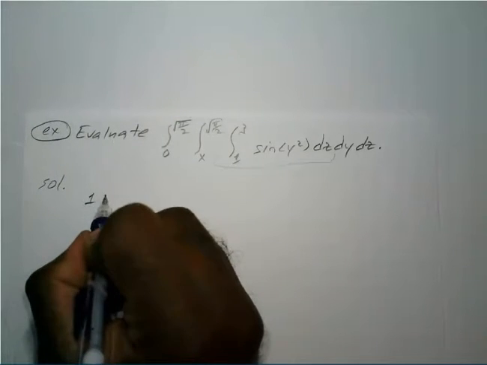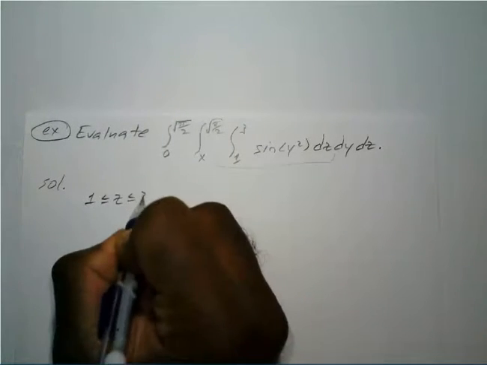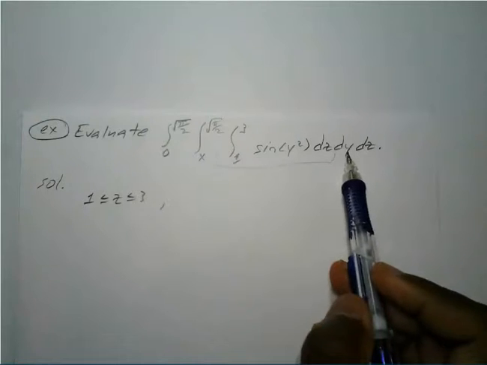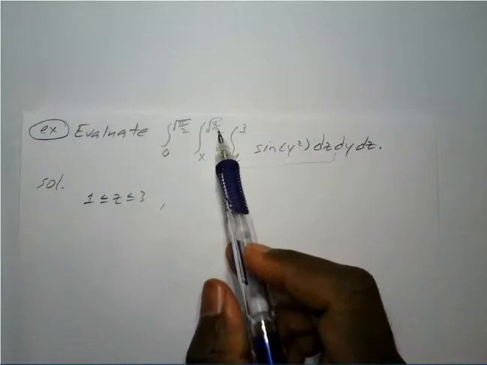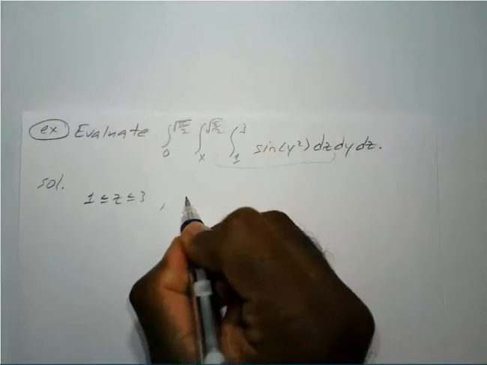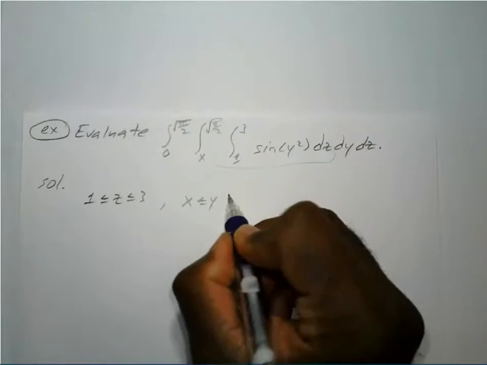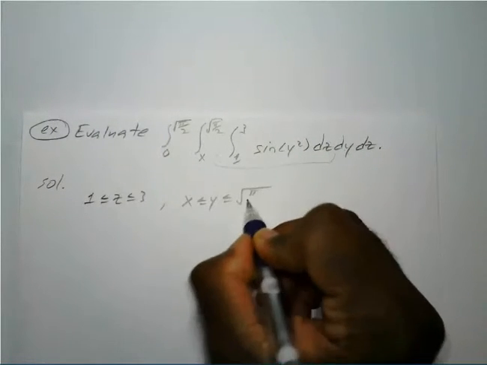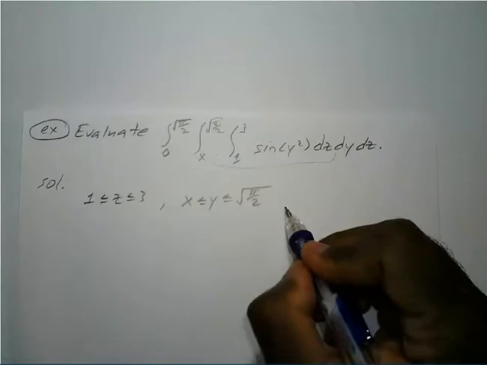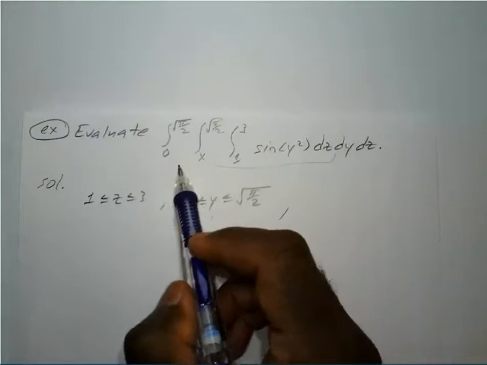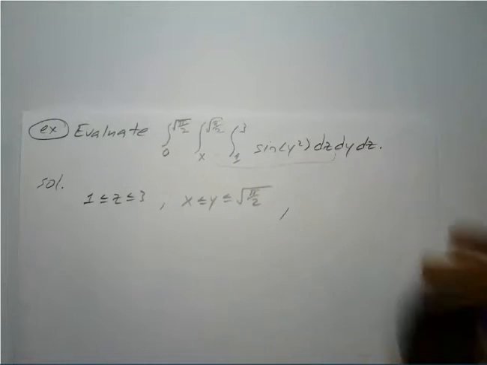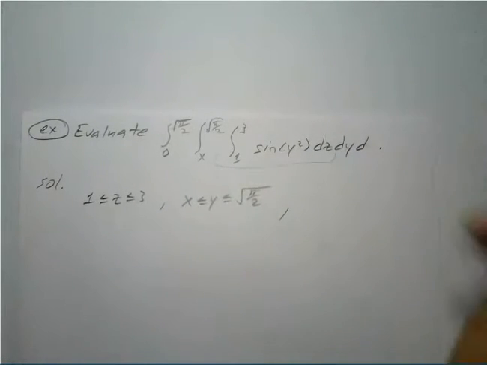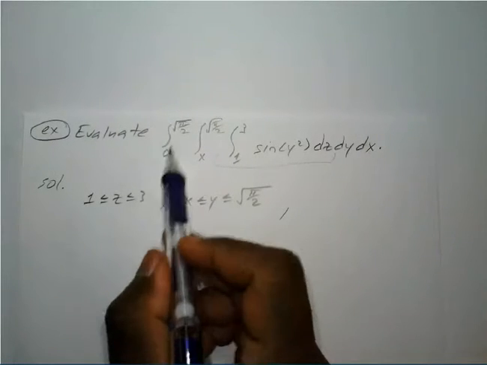So 1 is less than or equal to z, less than or equal to 3. You know our dy, so that means y will be between x and square root of pi over 2. So x is less than or equal to y, less than or equal to the square root of pi over 2. We know our x, since I wrote that twice, that's why it's confusing, in dz dy dx, our x is between 0 and square root of pi over 2.